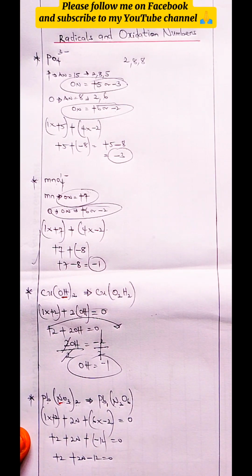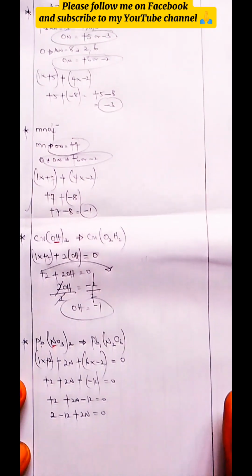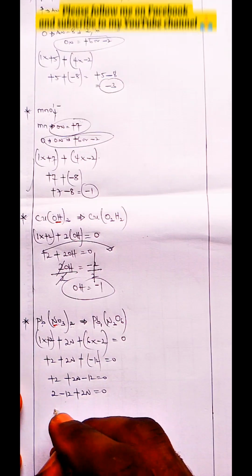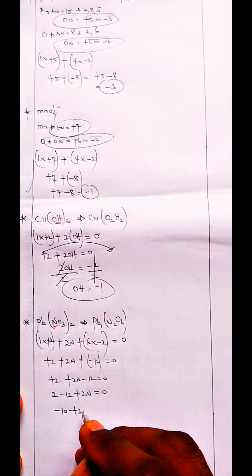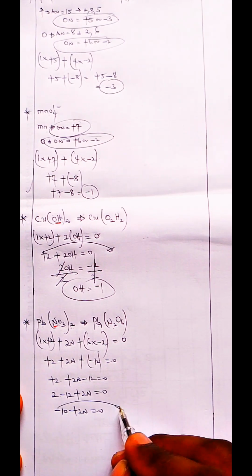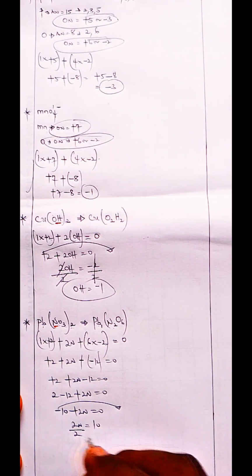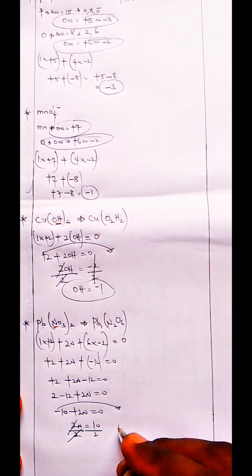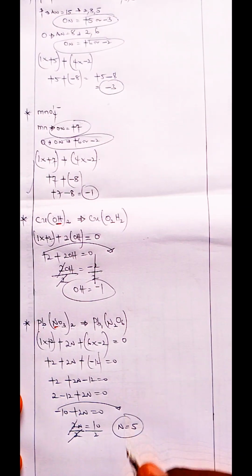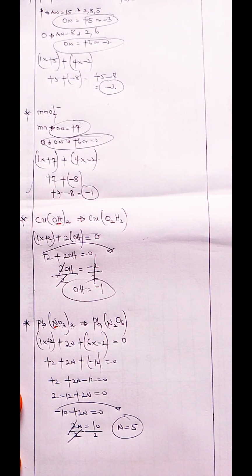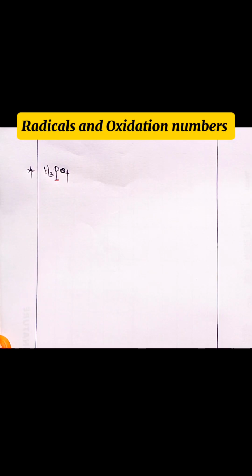So collect your like terms. 2 minus 12 plus 2 nitrogen equal to 0. 2 minus 12 is -10 plus 2 nitrogen equal to 0. So -10 crosses to the other side. It's 2 nitrogen equal to 10. Divide both sides by 2. So nitrogen is 5. That is the oxidation number for nitrogen. Okay, this was the last question we were given in the previous exposition.